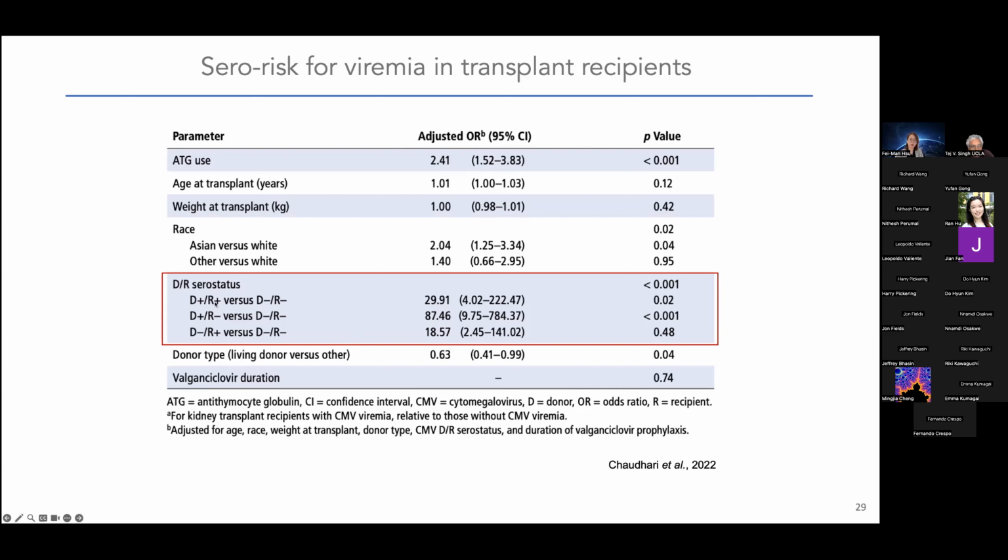For those recipient already positive, there's way less chance of getting viremia than the high risk group. So we are trying to tackle this question to see if we can add one more risk assessment with methylation in addition to the traditional serostatus risk evaluation.